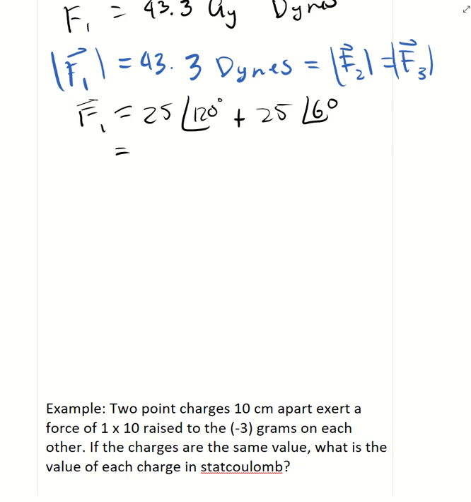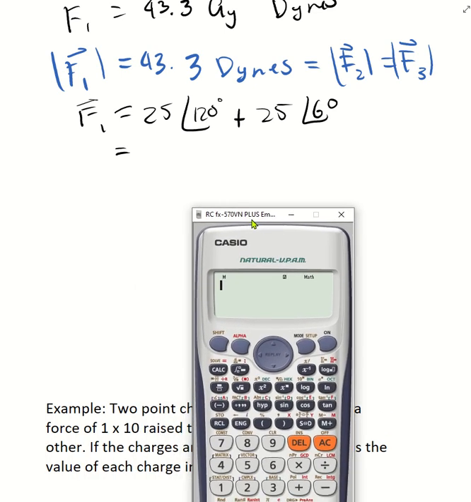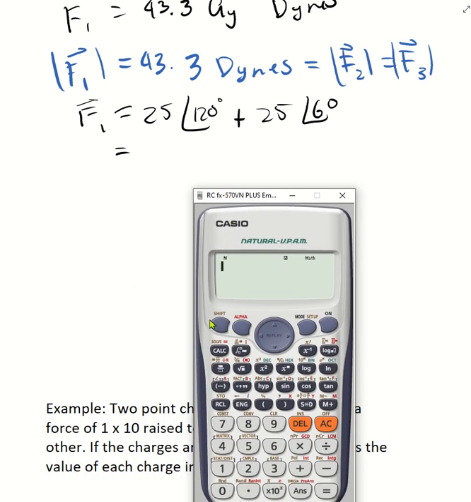So if you try to solve this using the calculator in complex mode, we have 25 angle 120, then you add it with 25 angle 60 degrees, and equals. This is in rectangular, we need to convert this into polar form.